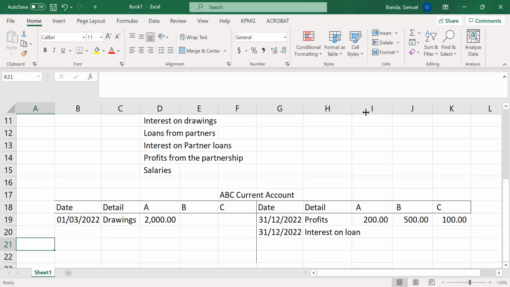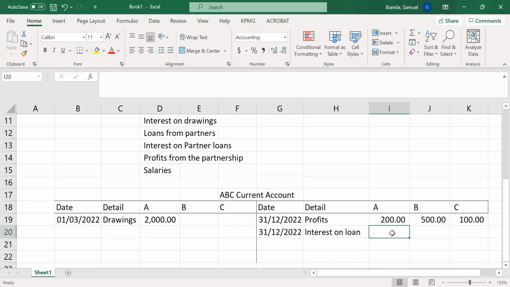Let's say maybe we had a loan of 1 million and the interest is, let's say, 10%. You'll be able to record it here. Let's say it is B that gave us a loan, and let's say the interest calculated is $1,000. So it will be recorded there.